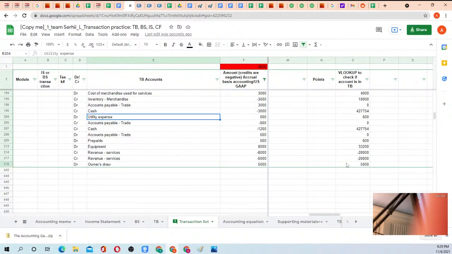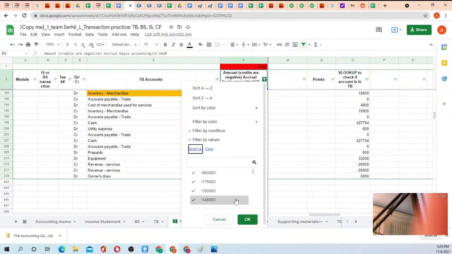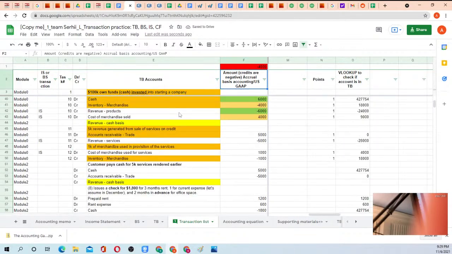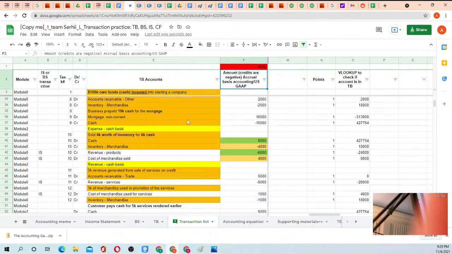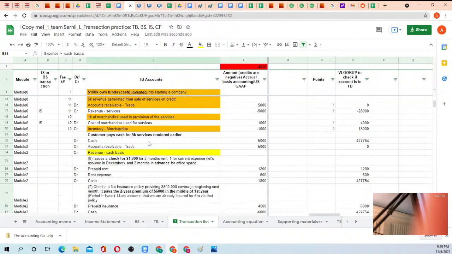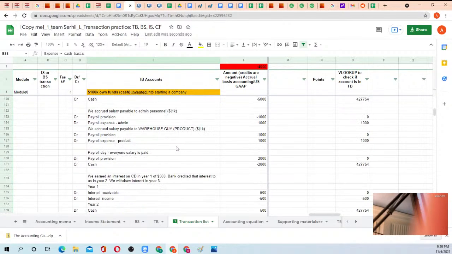Now, when I fix it with a straightforward approach, and I still have some differences, that might be the case because of the... let's see. So cash basis shouldn't impact here. So there should be some $2,000 entry, payroll provision.